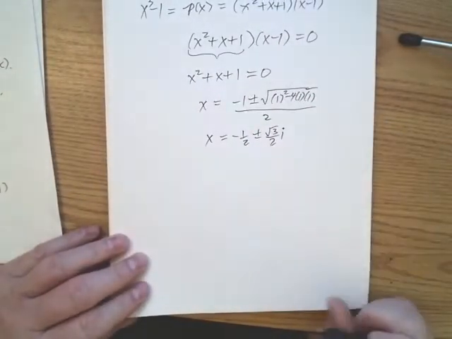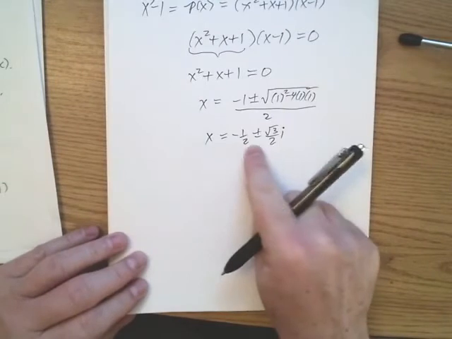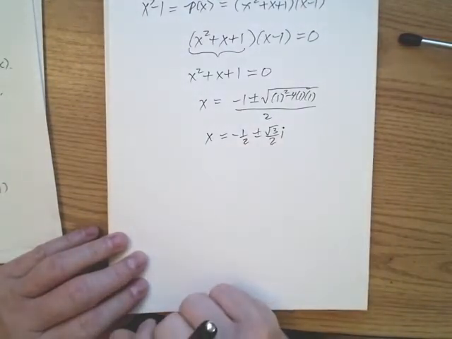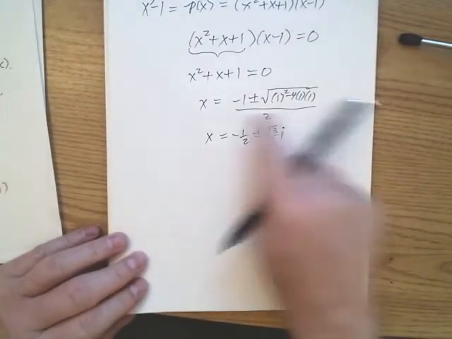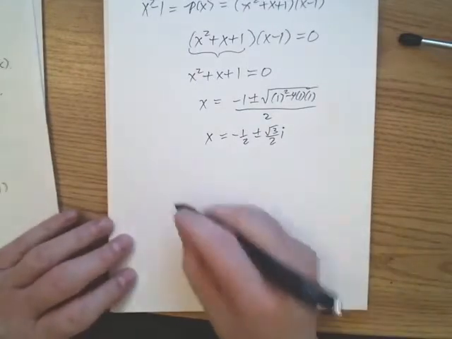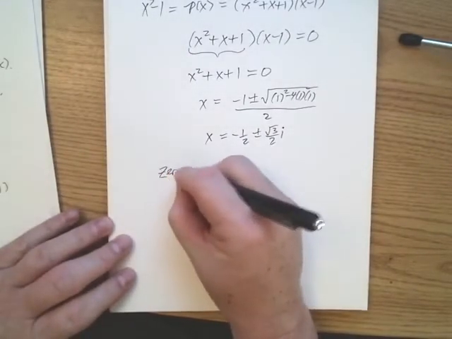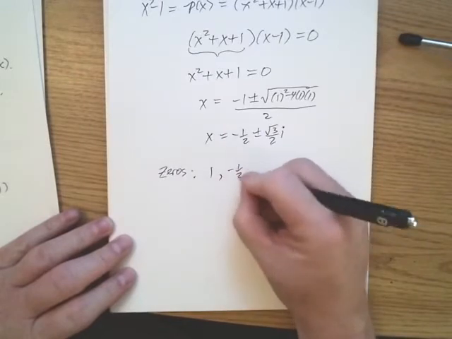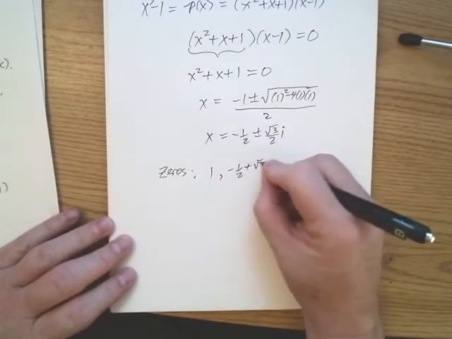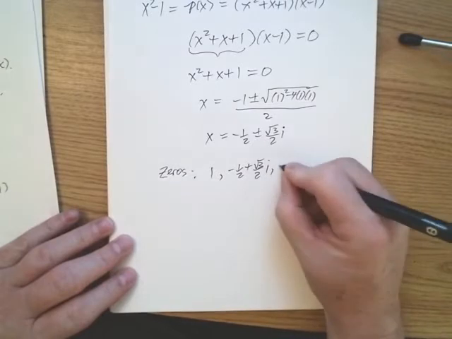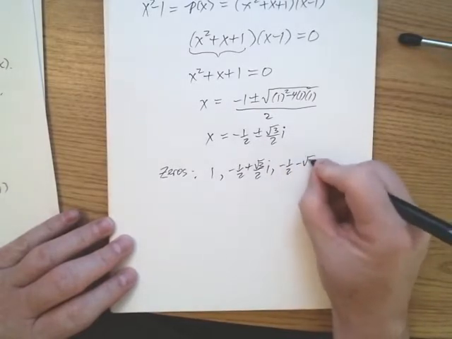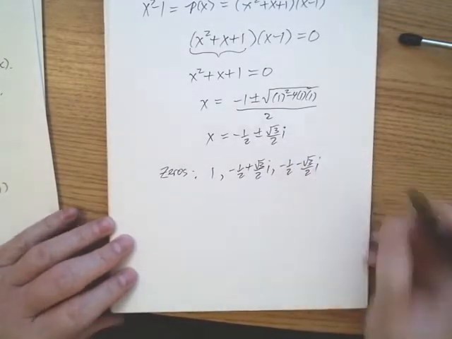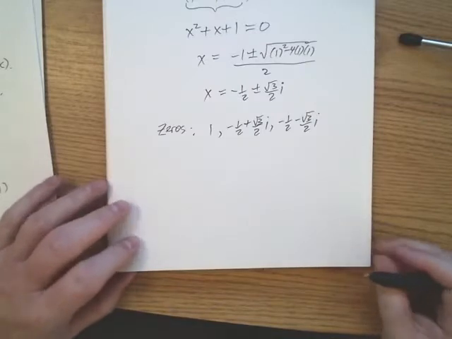And you notice we have two solutions here, right? The plus and the minus, these conjugate zeros. So here are our zeros: 1, negative 1/2 plus square root of 3 over 2 i, negative 1/2 minus the square root of 3 over 2 i.